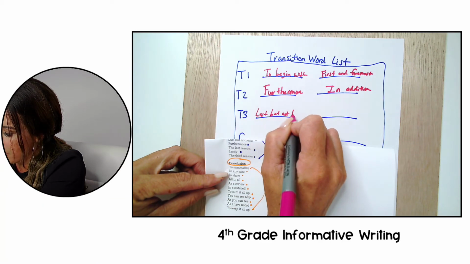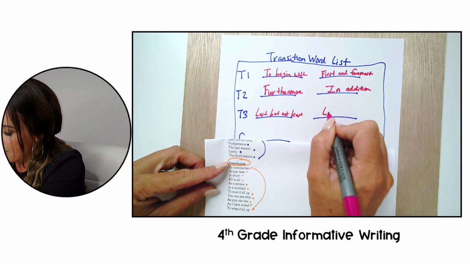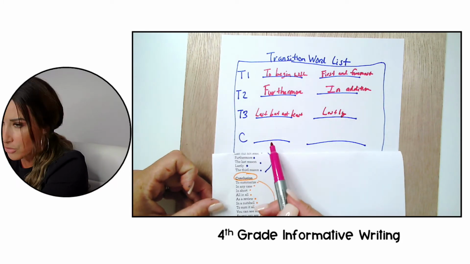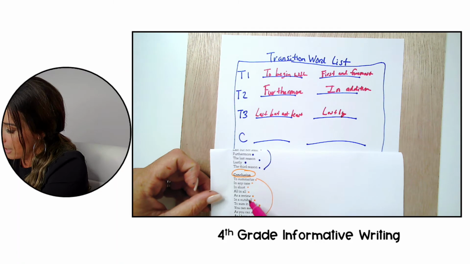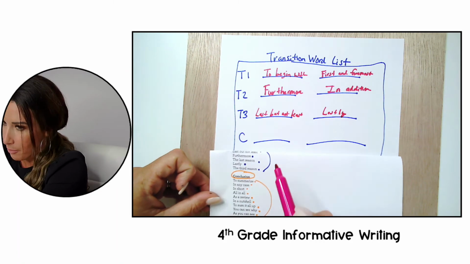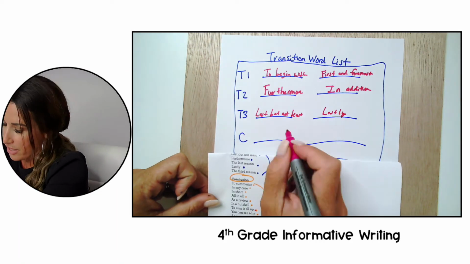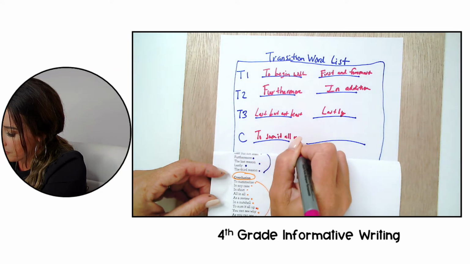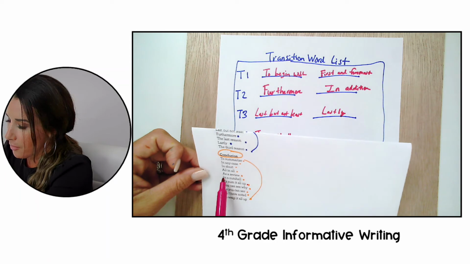So last but not least and lastly. These are the 2 that I am choosing. And for conclusion, I actually really like to sum it all up right here. See, to sum it all up, I'm going to choose that one. And I like as a review.